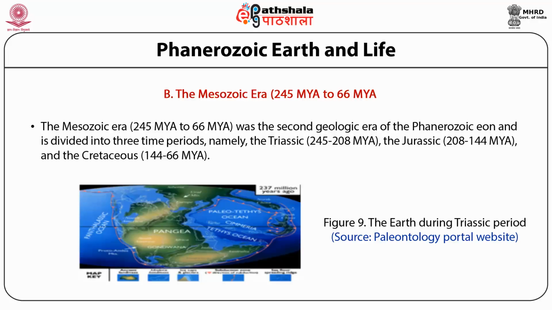The Mesozoic era is divided into three time periods, namely the Triassic, the Jurassic, and the Cretaceous. The Triassic lasts for about 245 to 208 million years ago, whereas Jurassic lasts for about 208 to 144 million years ago, and the Cretaceous is about 144 to 66 million years ago.